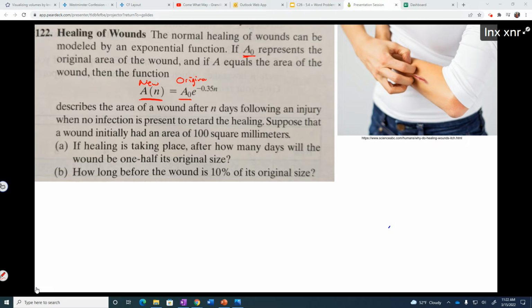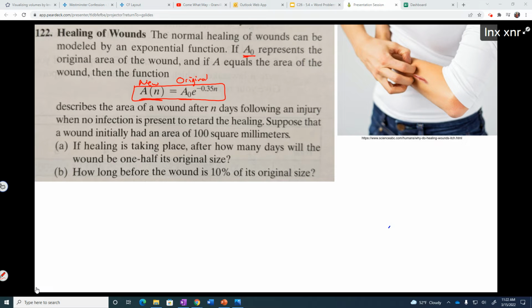This is a common format for problems like this, where we'll have our new amount, which we're trying to find, our original amount, and then e with some exponents up there. So you want to maybe write out this equation, because we're going to refer to this as we go. But that's what those different variables mean. Sometimes they'll change this, and in the problem it could be a T, it could be any other variable.